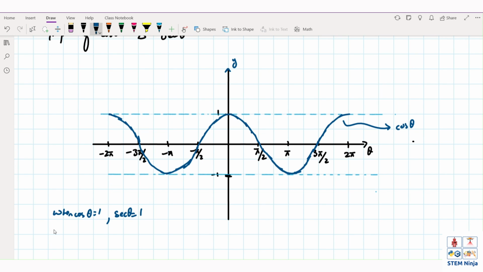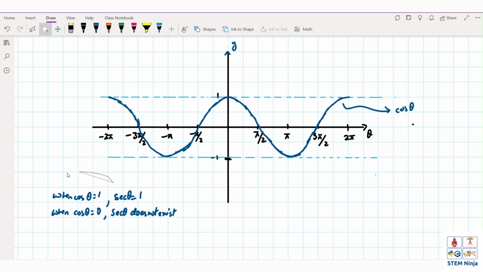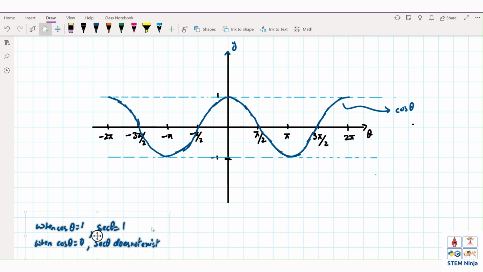However, problems come when cos theta is 0. So at that point, secant does not exist, and there will be a discontinuity. So let's see how to address that. So we will have asymptotes over those points also.